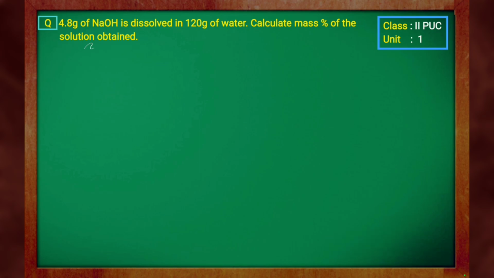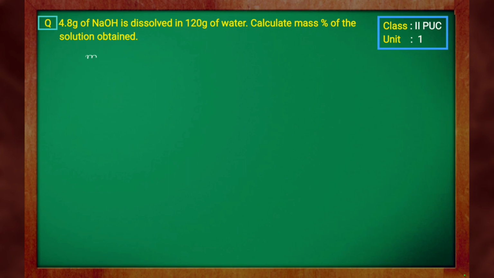First example, 4.8 gram of NaOH is dissolved in 120 gram of water. Calculate the mass percentage of the solution obtained. So we are given the mass of sodium hydroxide as well as water, and we are preparing a solution by dissolving that sodium hydroxide in water.